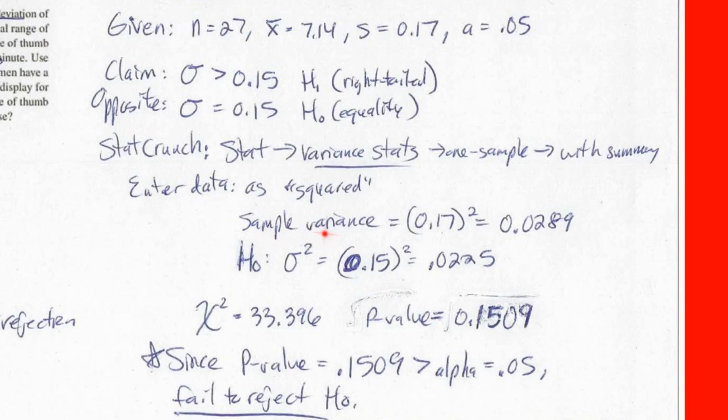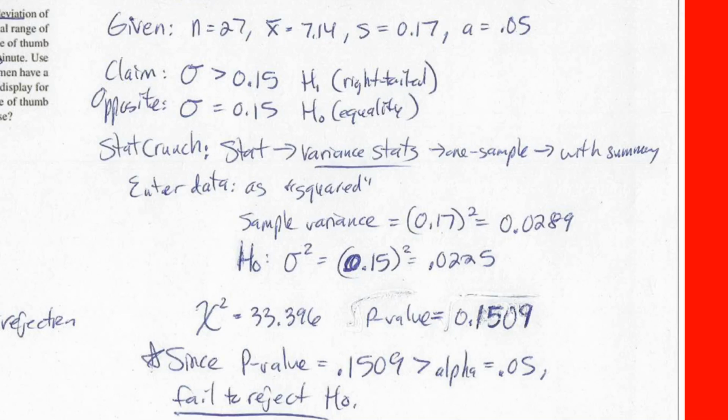So when it asks you for sample variance, which was right here, 0.17, we have to square it first, and that gives us 0.0289. This is what you're going to type into StatCrunch. And then for H0, you're going to notice a little power of 2, which means that we're looking at variance.